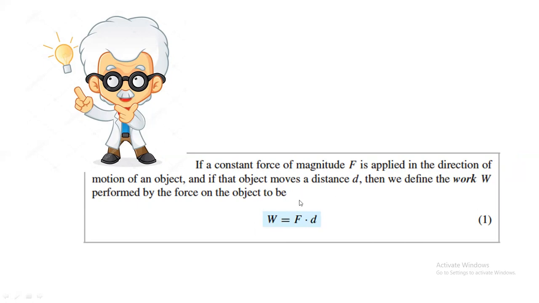The direction of the force and the direction of the displacement have to be the same for work to be done. If the object is displaced in a different direction than the force applied on it, no work is done by that force. Now, this is your physics.